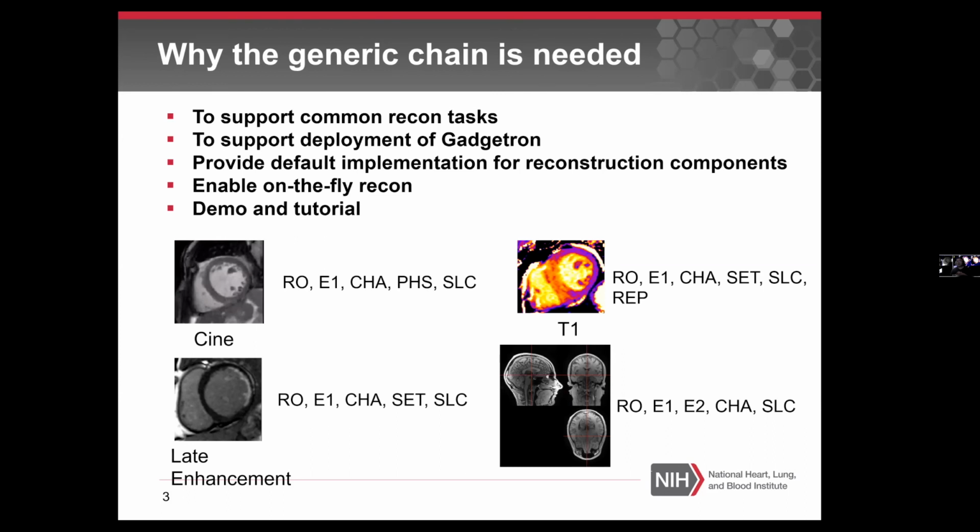If we go there, the requirements change, which means all the recon has to be fast, has to be tested, and has to be valid every time. It would be inconvenient if we had too many code bases to support clinical imaging. So the generic chain is actually the backbone we use for practical deployment.